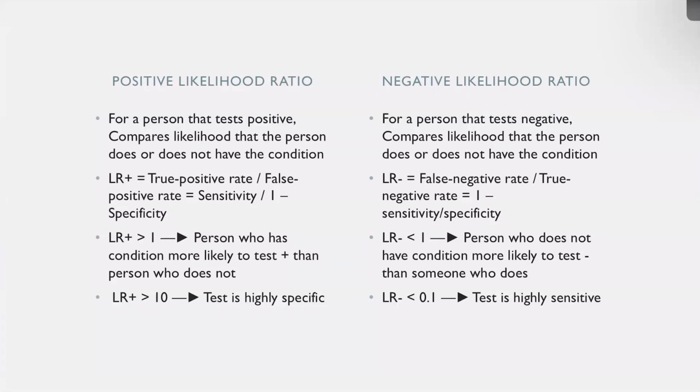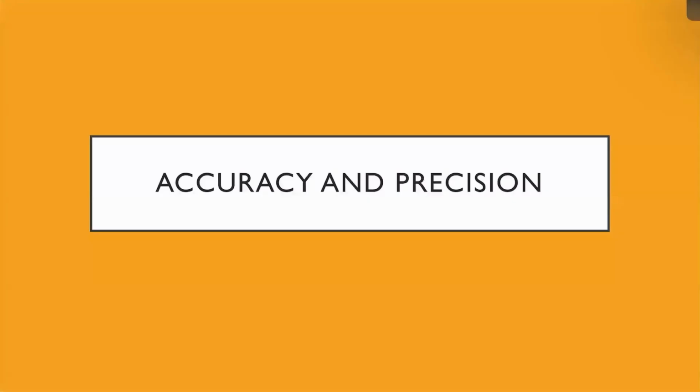So if the LR minus value is less than 0.1, you can conclude that the test is highly sensitive. Again, negative likelihood ratio goes with sensitive, and positive likelihood ratio goes with specific. So all the P's and all the N's are clustering together again. You can use that to remember this.